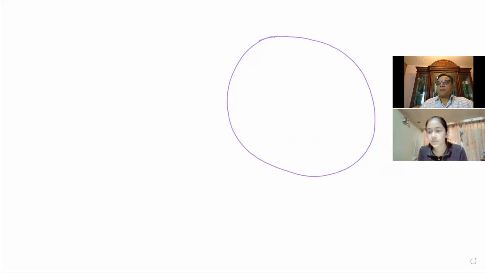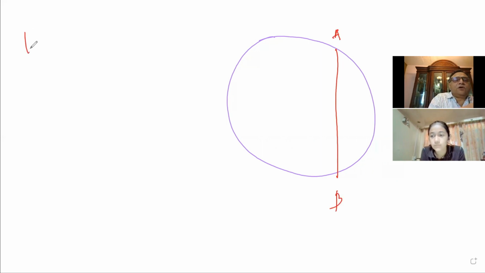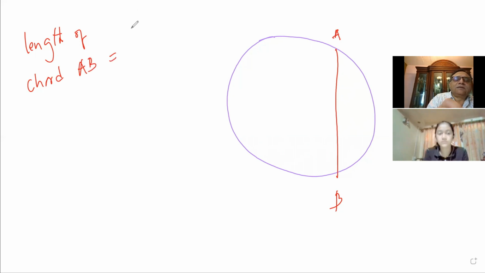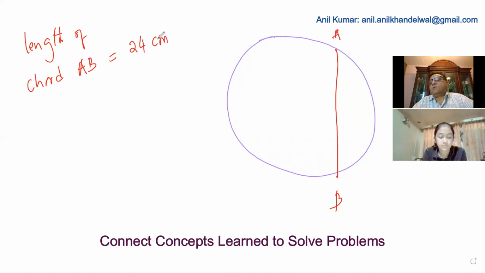Okay. So this time, we are given a circle as shown here. And I am drawing a chord AB. So we are saying the length of chord A to B is, let us say, 24 centimeters. Now, it is connected with the center O. That is the center O, correct?